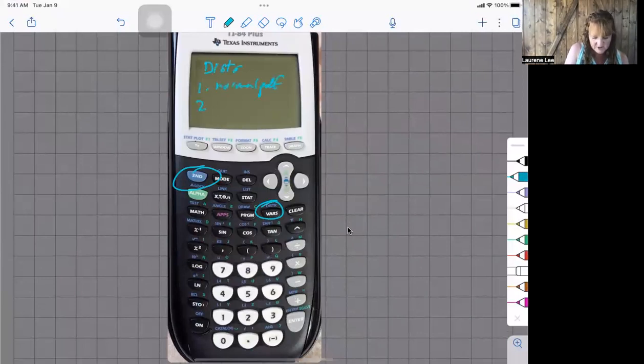Your second option is normal CDF, and this is the one that you want. When you hit select on that, you're getting this square coming up on your home screen, and it's saying what's your lower, what's your upper, what's your mean, what's your standard deviation, and then paste.